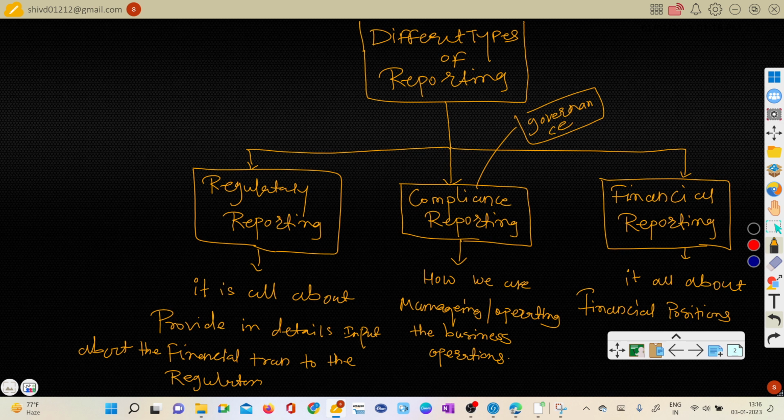So regulatory reporting means providing detailed information of financial transactions to the regulator.